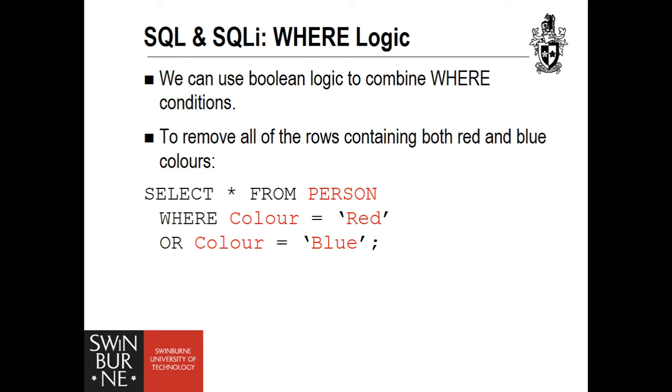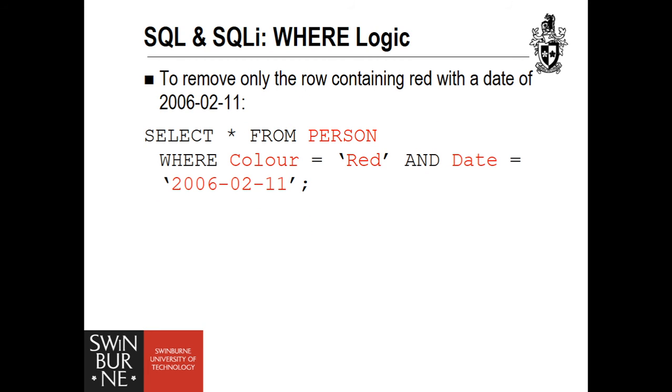We also can use logic. For example, here we use boolean logic to combine where and a condition. It also removes the rows containing both red and blue colors. Same thing, this is another example of how to use where logic in the SQL statement.